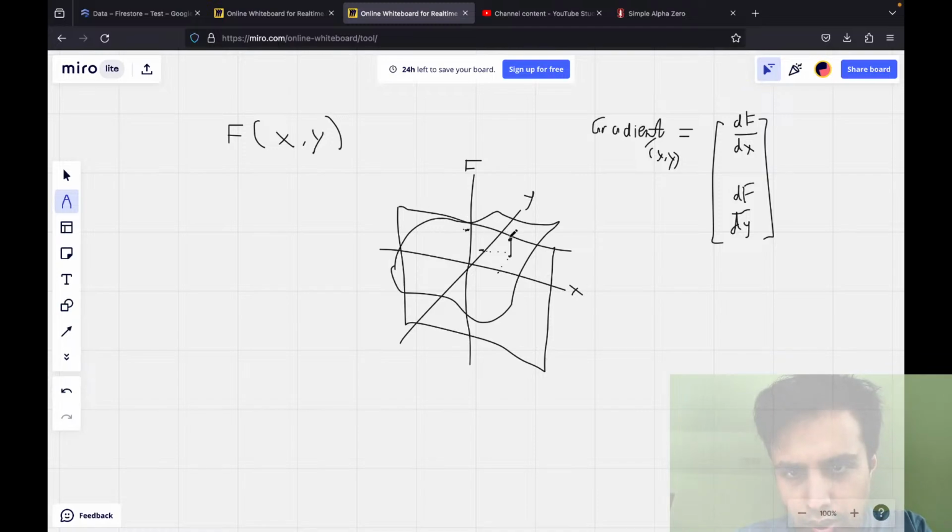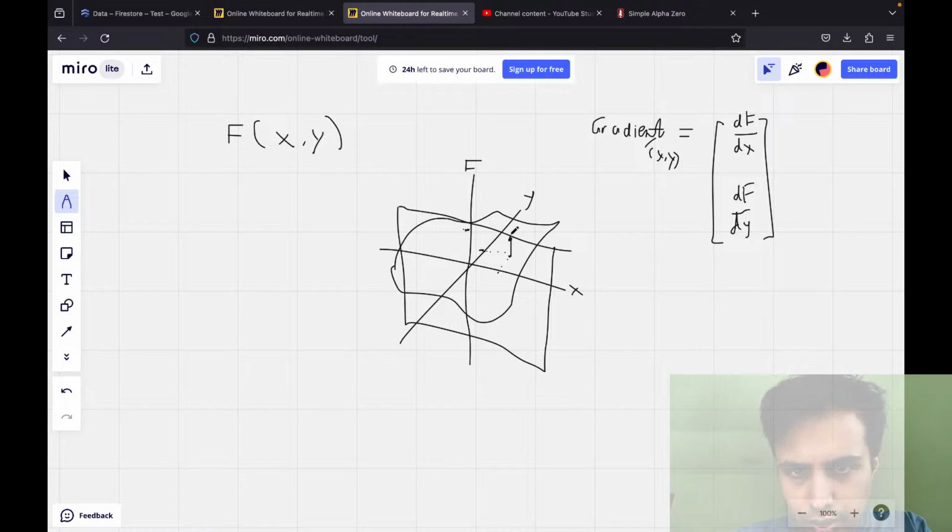If we're at this point and we only increase or decrease x, we just go along this line right here. Then our surface follows this path.